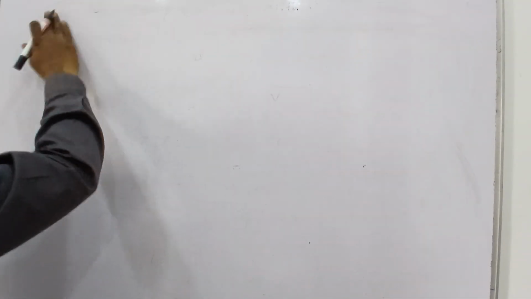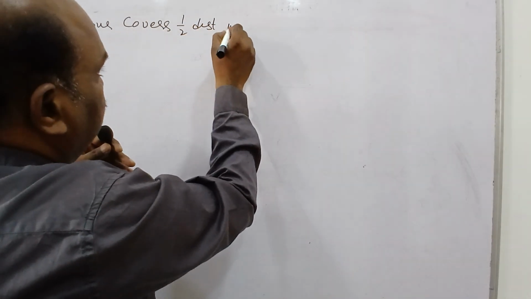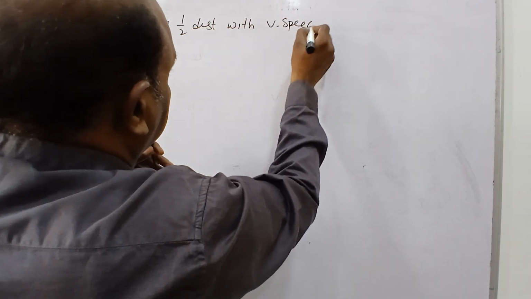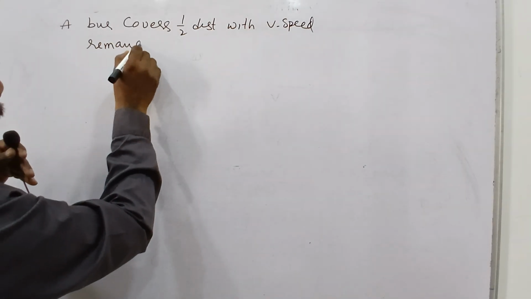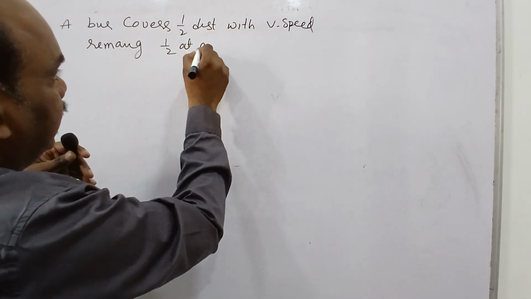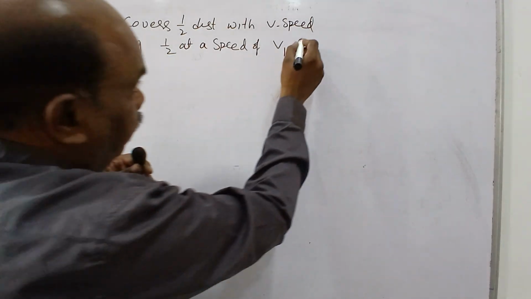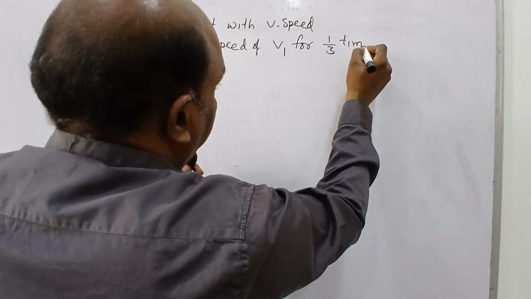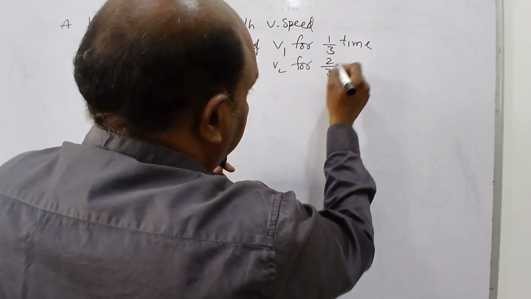Next question is also very important. A bus covers half distance with v speed and the remaining half at a speed of v1 for 1/3 time, v2 for 2/3 time.